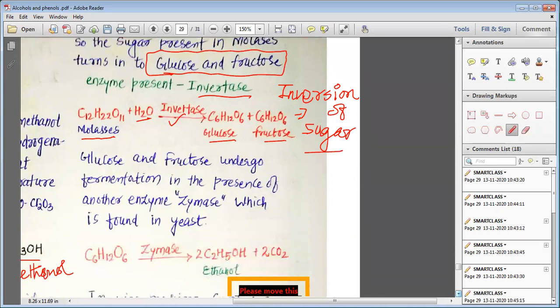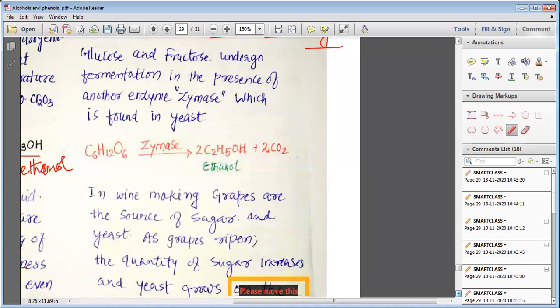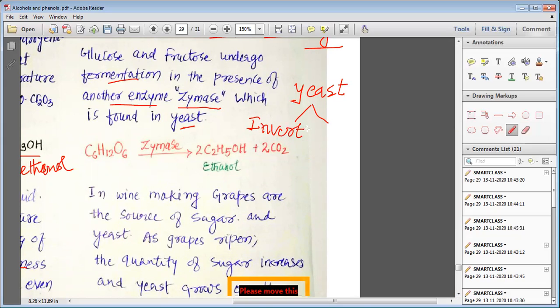Now, this glucose and fructose undergo fermentation in the presence of another enzyme known as zymase. This zymase is found in yeast. Here we have yeast. This yeast produces two enzymes, one known as invertase, another known as zymase.